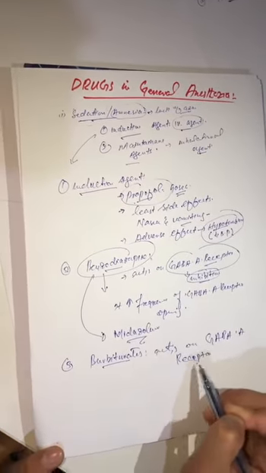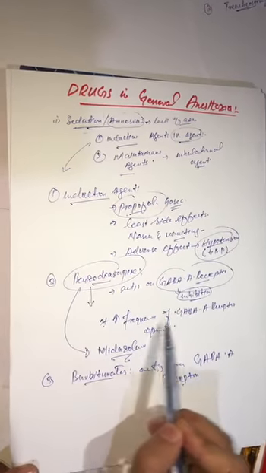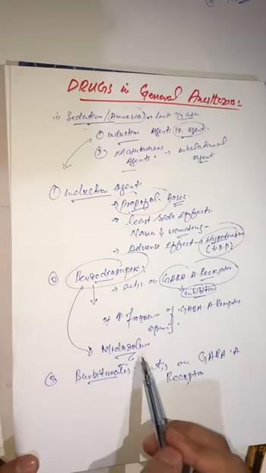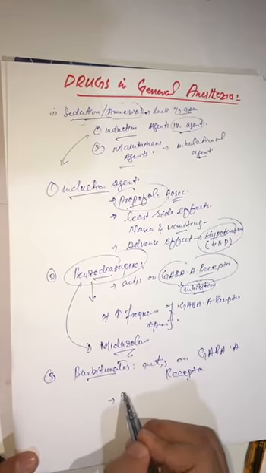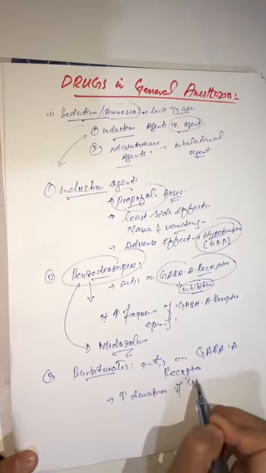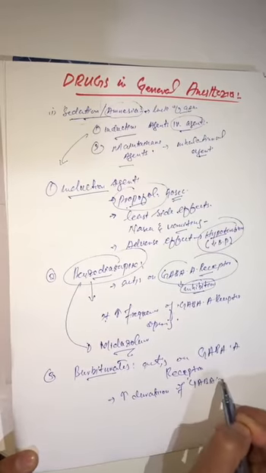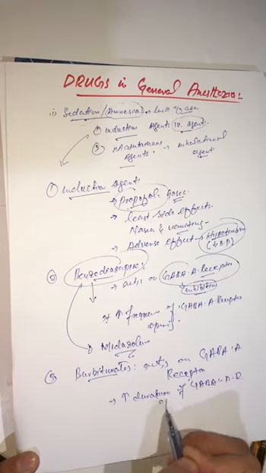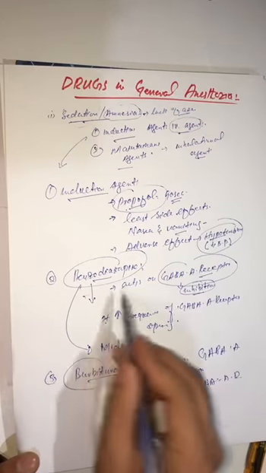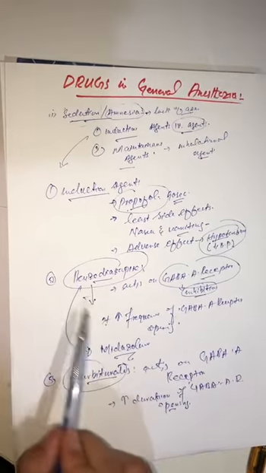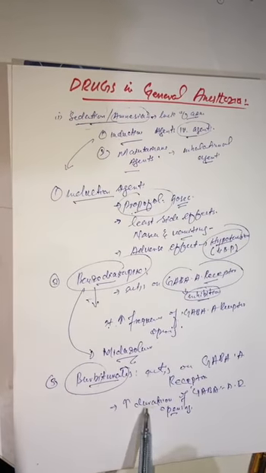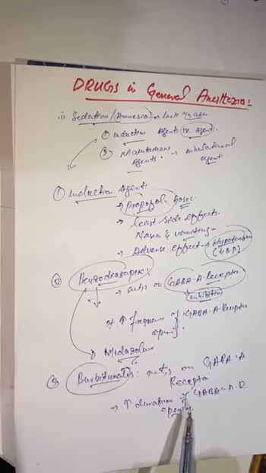But the only difference between barbiturates and benzodiazepine is that benzodiazepine increases the frequency of GABA A receptor opening, and barbiturates increase the duration of the GABA A receptor opening.